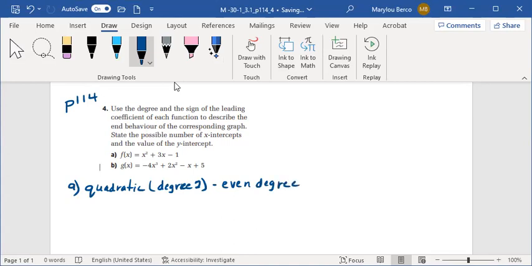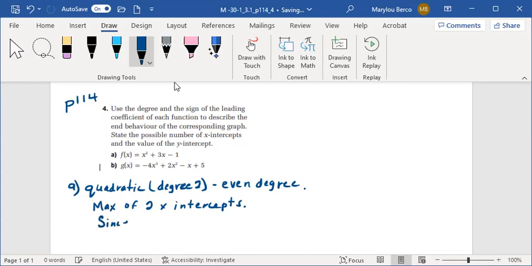So the graph has a maximum of 2 x-intercepts, since the leading coefficient is positive.